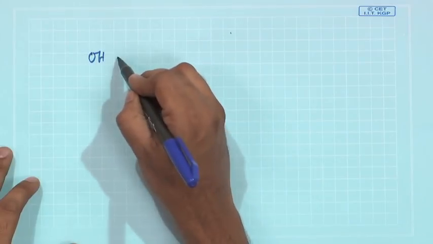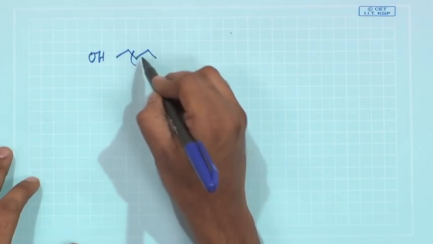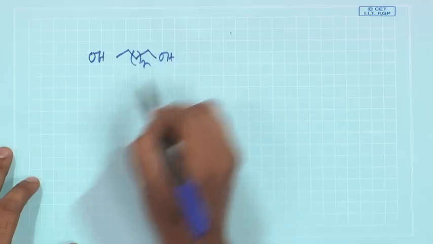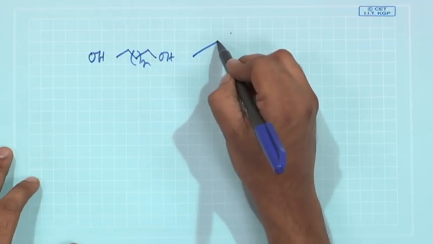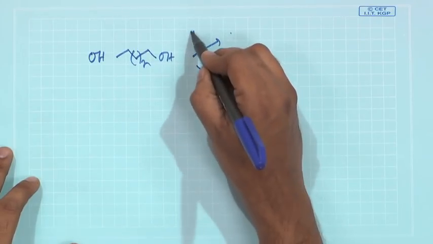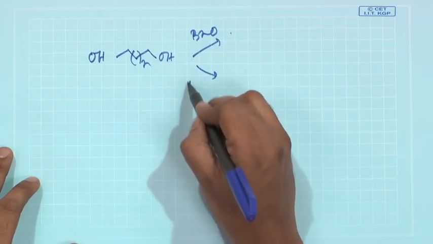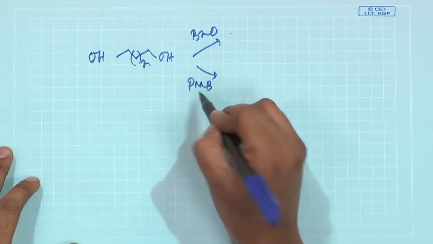Similarly, I will talk about another two protecting groups, though they are not orthogonal in the true sense. Say you have a similar 1,n-diol, and you react it with the protecting groups benzyl and PMB.